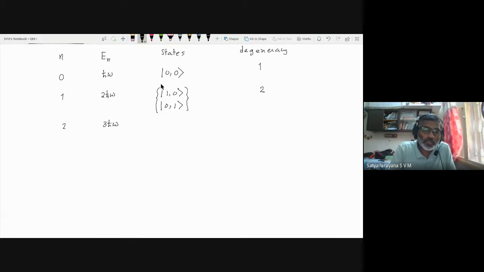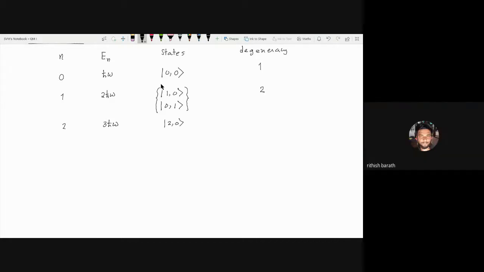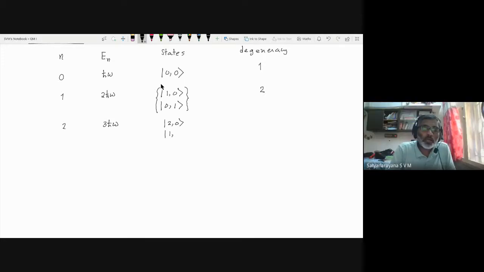You can have 2,0, or you can have 1,1, or you can have 0,2. So these are the 3 different states corresponding to the same energy. So the degeneracy of n equal to 2 is actually 3.